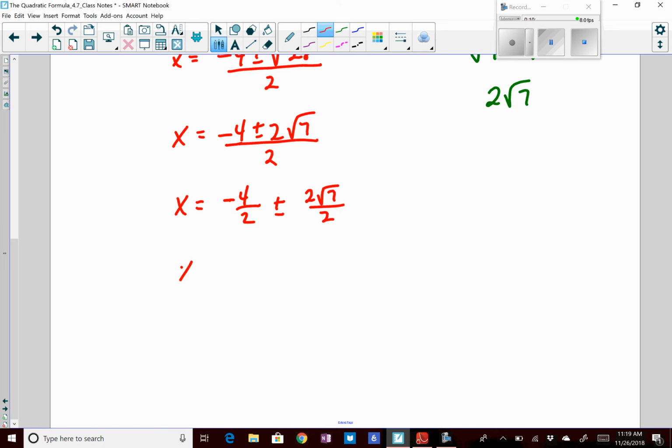So negative 4 over 2 would give us negative 2. And 2 square root of 7 divided by 2 would give us the square root of 7. So here's our answer in simplest radical form.